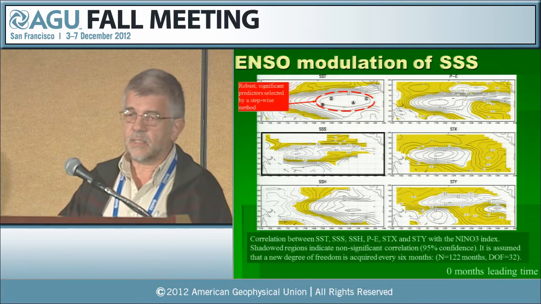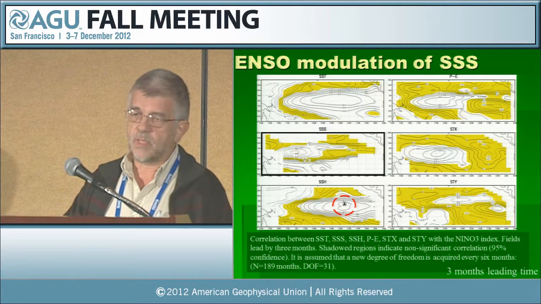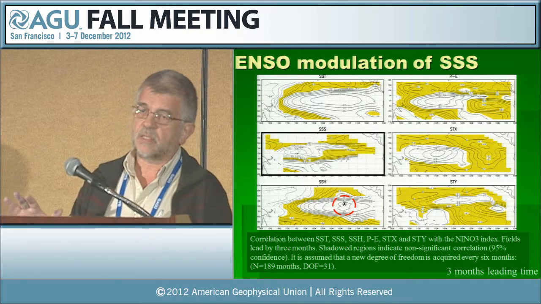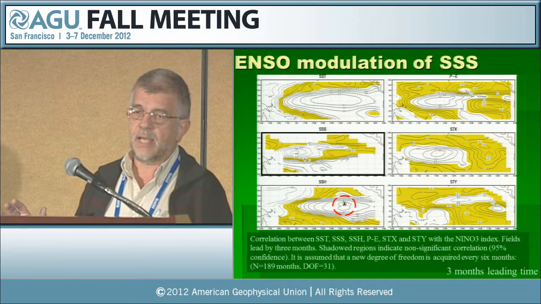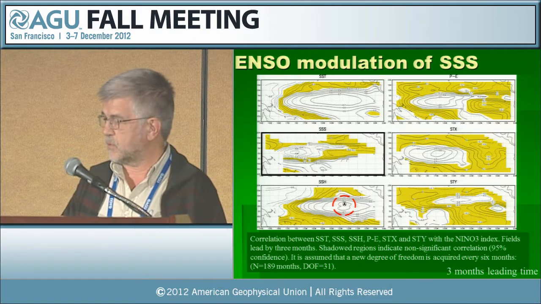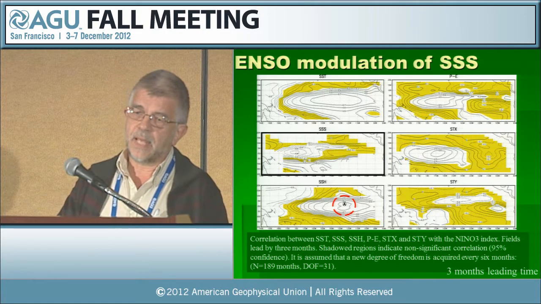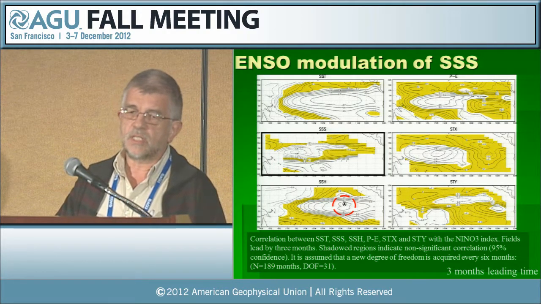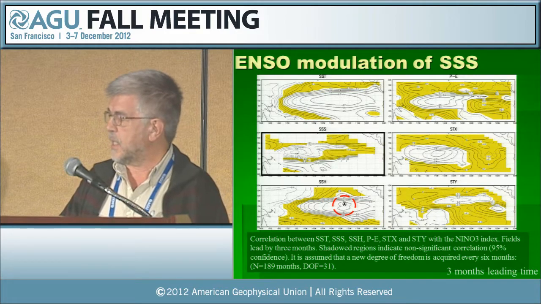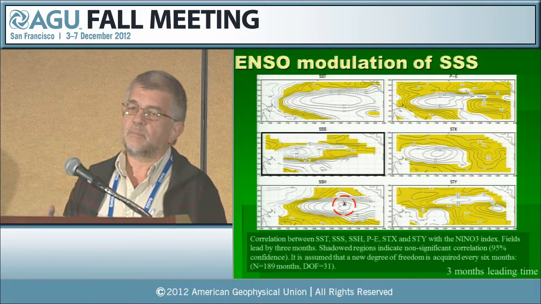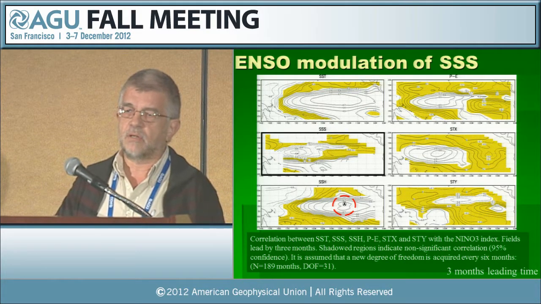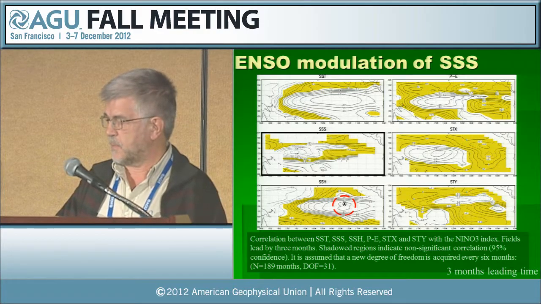But if we examine this with a time lag of 3 months, so we look at the variables 3 months in advance of the El Niño 3 values, we see that the best predictor is sea surface height. The region indicated here provides the best forecast for the occurrence of El Niño 3 months in advance.